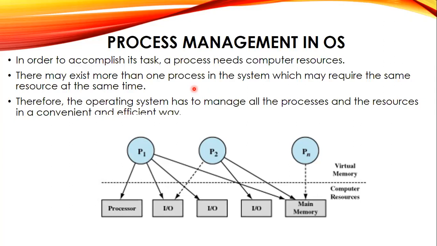For example, you have to print something. So at the same time, it is not possible to do it. So if two process has to print something, one of them should wait the other. So according to some rules, operating system is deciding which one should be first.